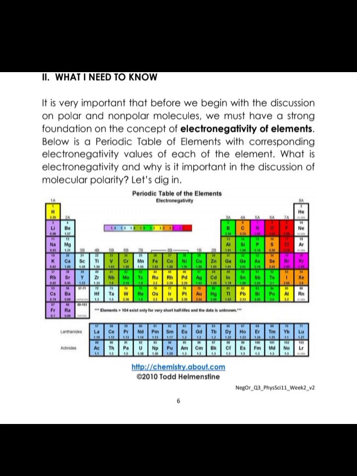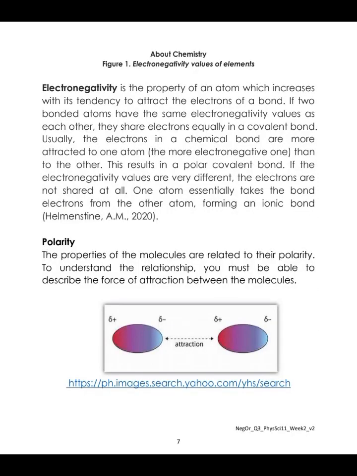What is electronegativity and why is it important in the discussion of molecular polarity? Let's dig in. As you can see below, there is an illustration of the periodic table of elements with their corresponding electronegativity. Electronegativity is the property of an atom which increases with its tendency to attract the electrons of a bond.